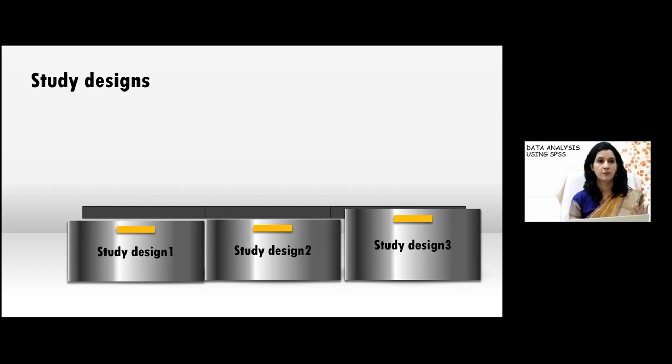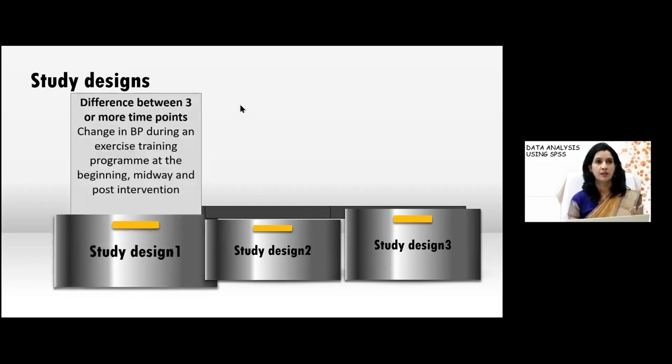So if we come to the study design, the first type of study design can be that if I want to test the difference between 3 or more time points, after exercise training program, first in the beginning, then in the midway, and third after the intervention, then I'll do this repeated measure ANOVA.